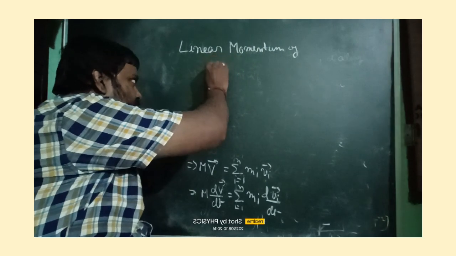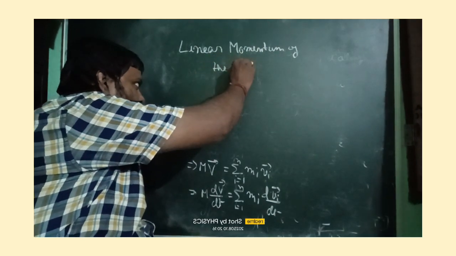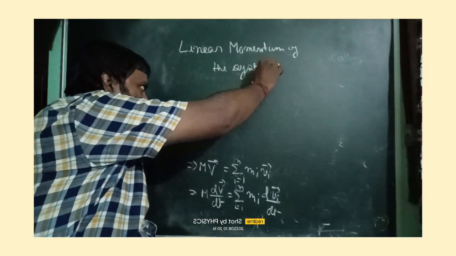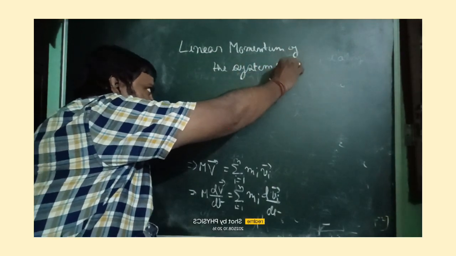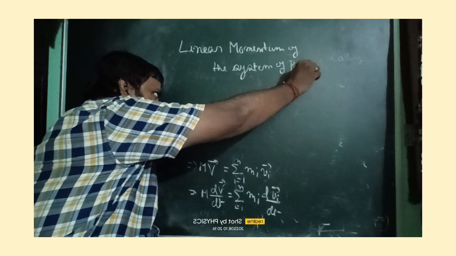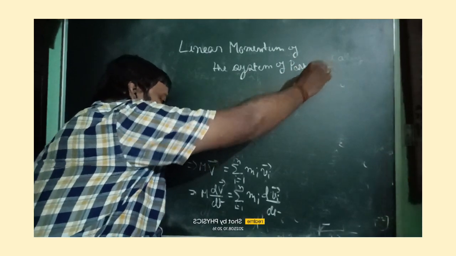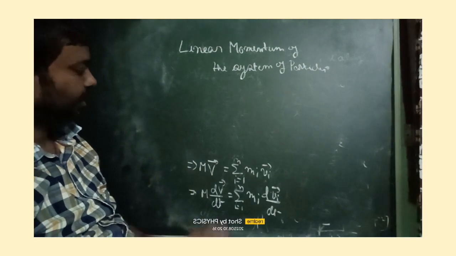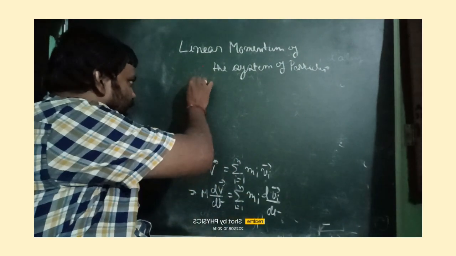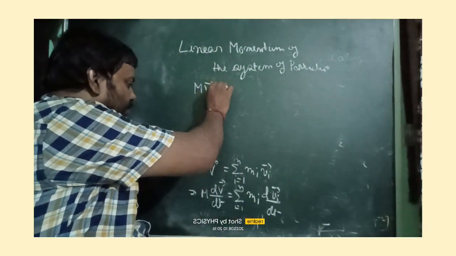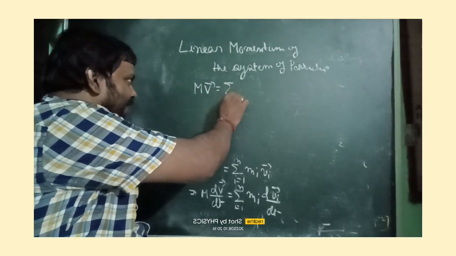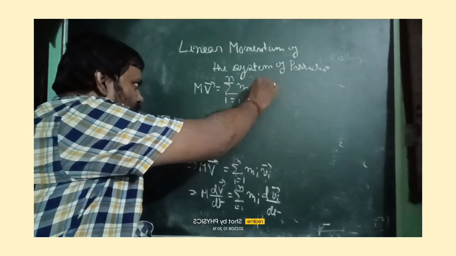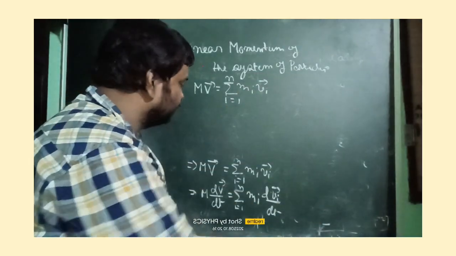Here we have mv equals summation of i equals 1 to n of mi vi vector.